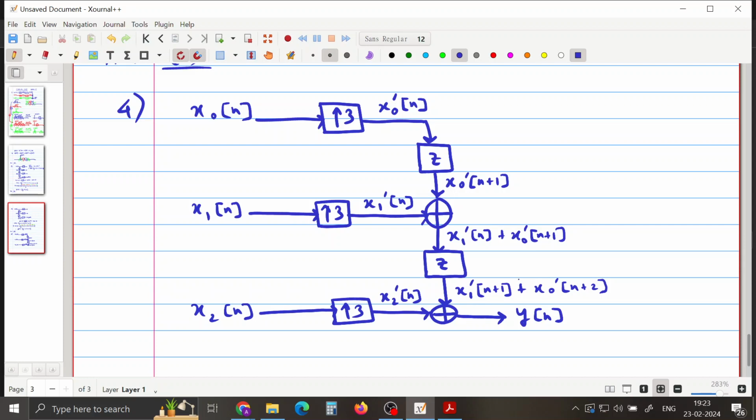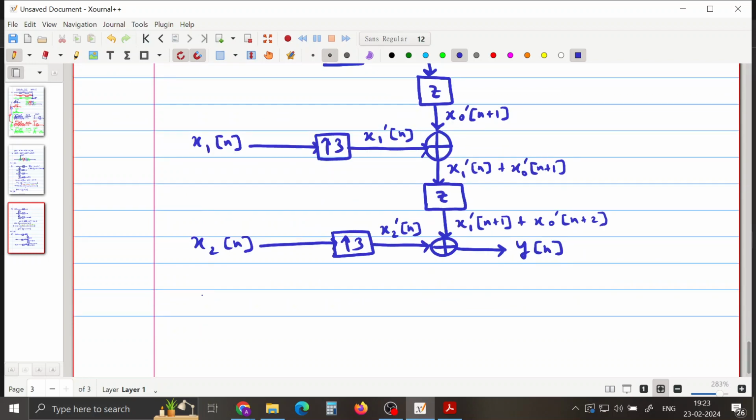So I can write y of n as x naught prime of n plus 2 plus x1 prime of n plus 1 plus x2 prime of n.